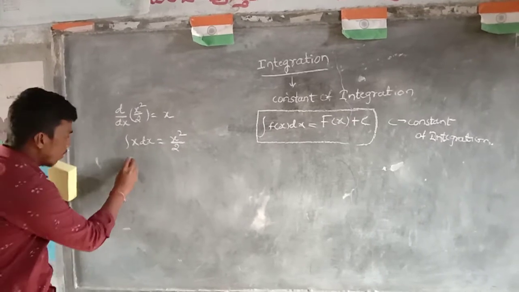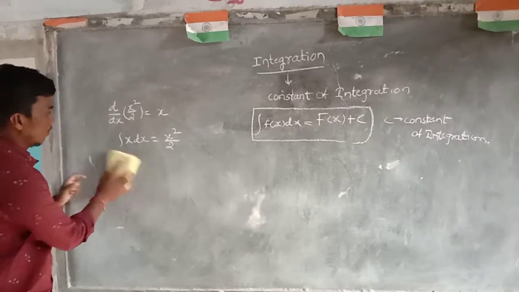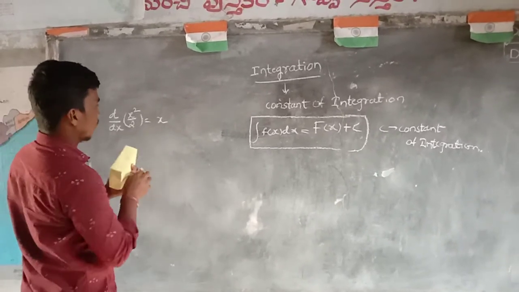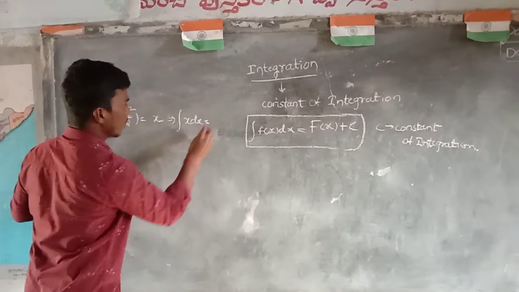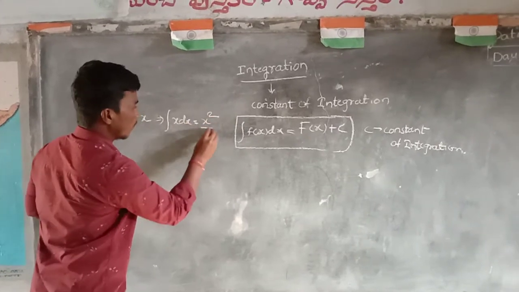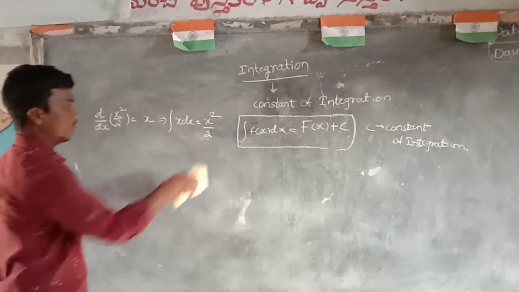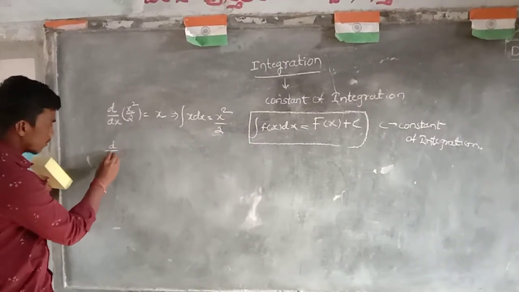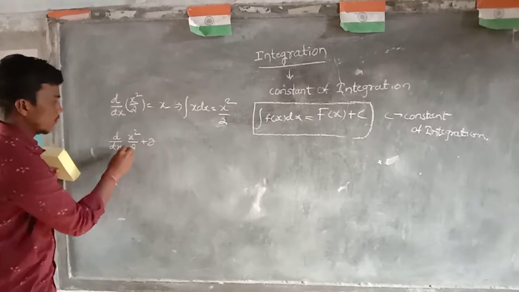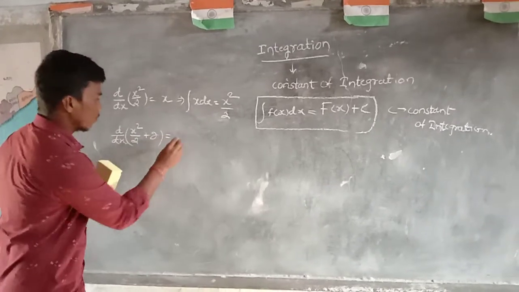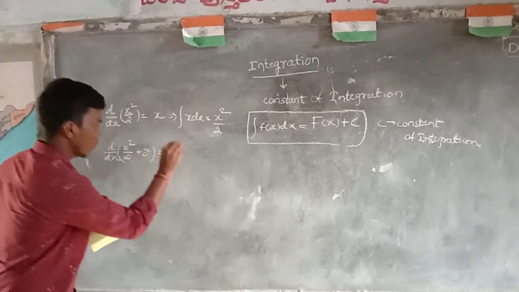That implies integration of x dx is equal to x square by 2 plus c, or just x square by 2. And next, d by dx of x square by 2 plus 2 is also only x.